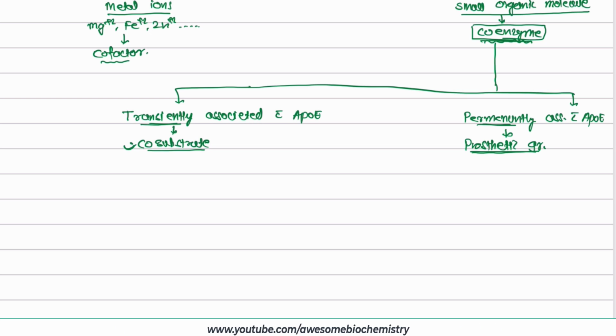Right? Now, let us look at the examples. In the case of a co-substrate, one very good example is alcohol dehydrogenase. This alcohol dehydrogenase is made up of two parts. One is the apoenzyme part, and its co-substrate is NAD+.